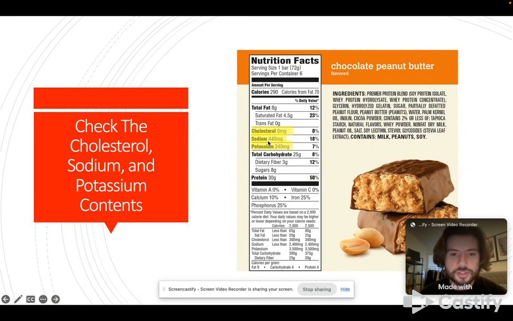Next one down is sodium. So we have 440 micrograms of sodium, which is 18% of your daily value, which we're going to really cover and dive into in just a little bit. And then underneath that, we have potassium. So if you can think back to biology class and think about a sodium potassium pump, right? Those 2 things are essential for muscle contraction.